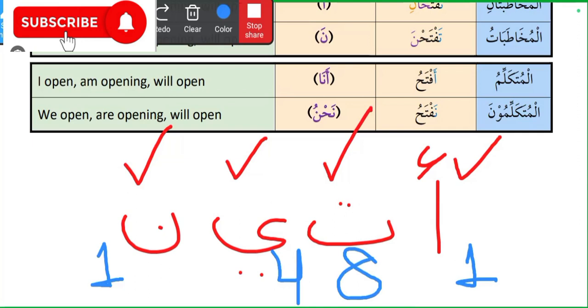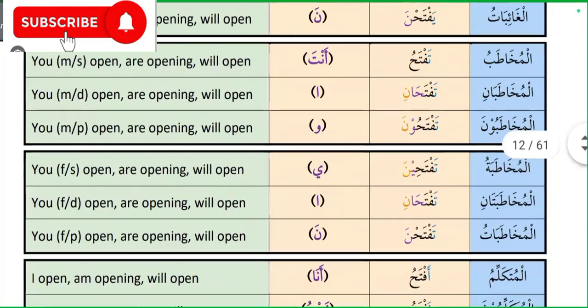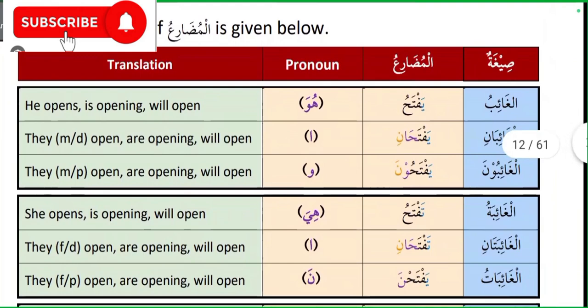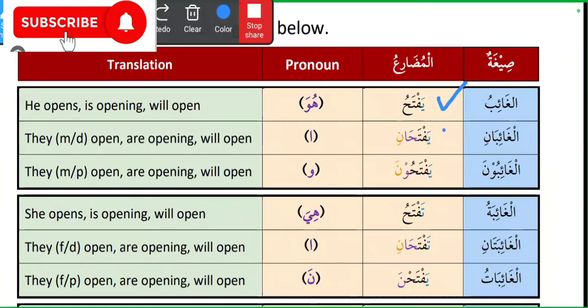Now let's have another look at the conjugation of fi'l al-mudari so we can understand what has been done until now. Yaftahu, yaftahani, yaftahuna, and then taftahu, taftahani, yaftahna. You can see that the sighas starting with ya are these four only, right? And the other two start with a ta.